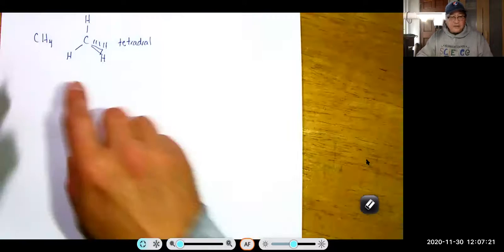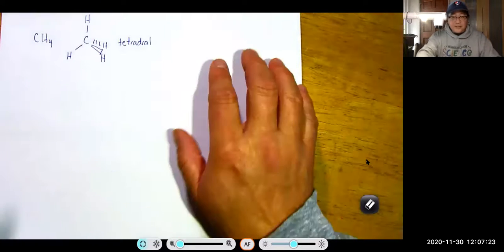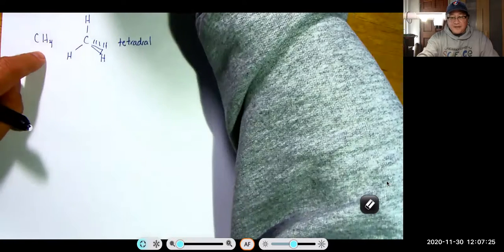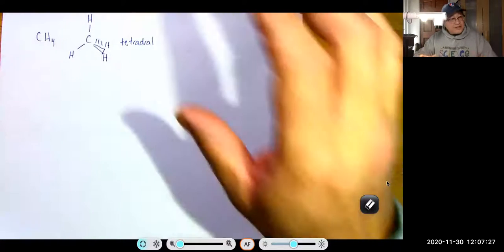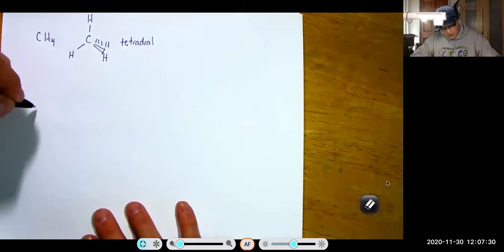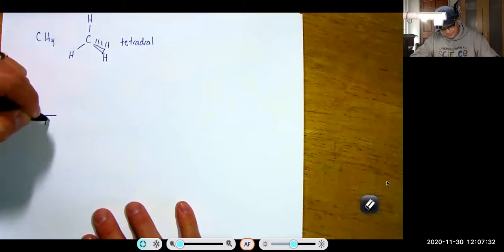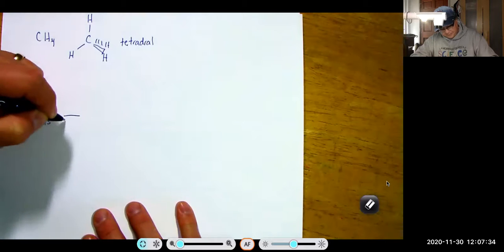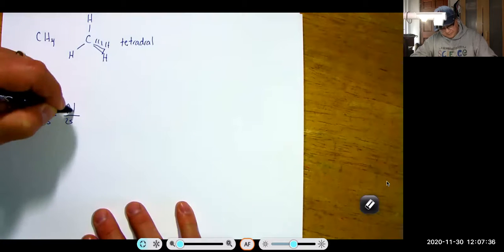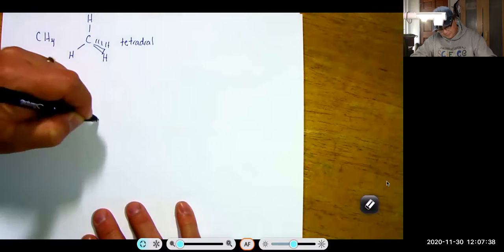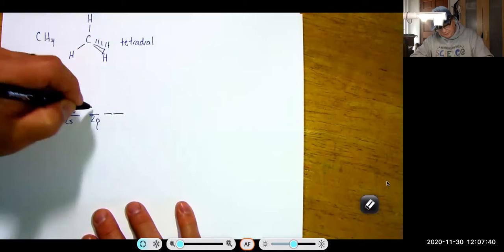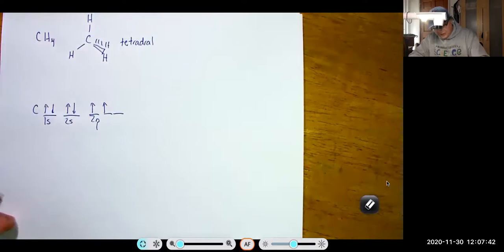However, if we look at bonding, valence bond theory here, we're going to find out that we need to make some adjustments. So here's carbon. And here's hydrogen.